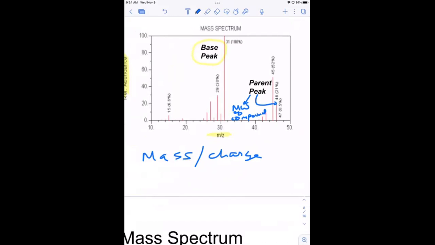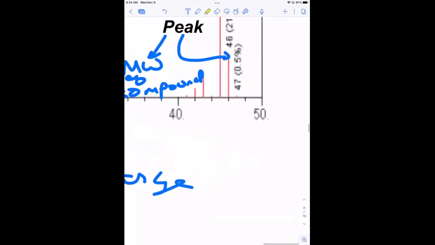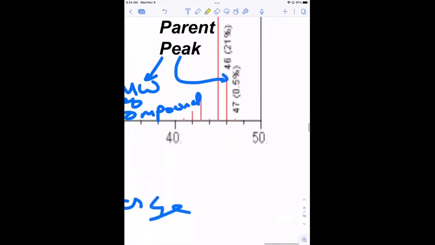There's another peak in here that we have to think about, and that's down here. This is a very important peak. This is what we call the M + 1 peak. It's the molecular weight of the parent plus 1.